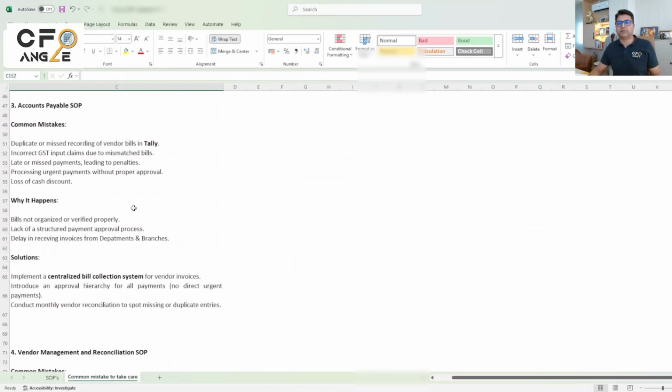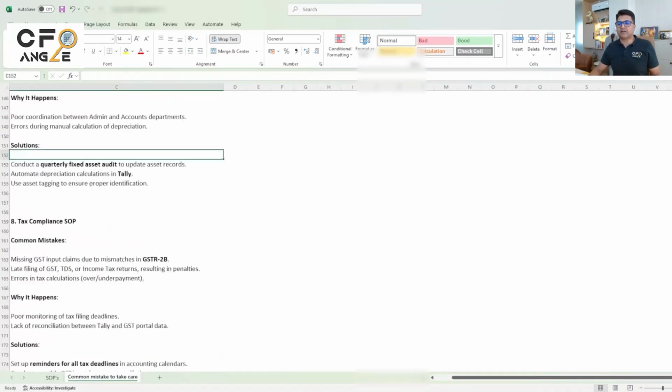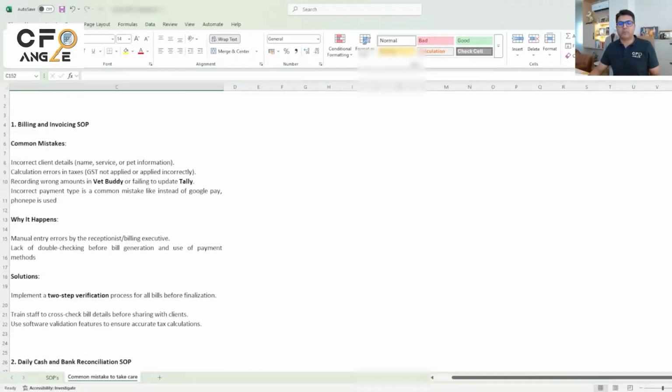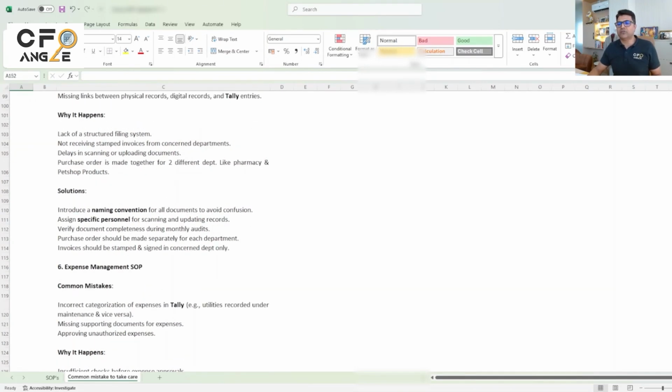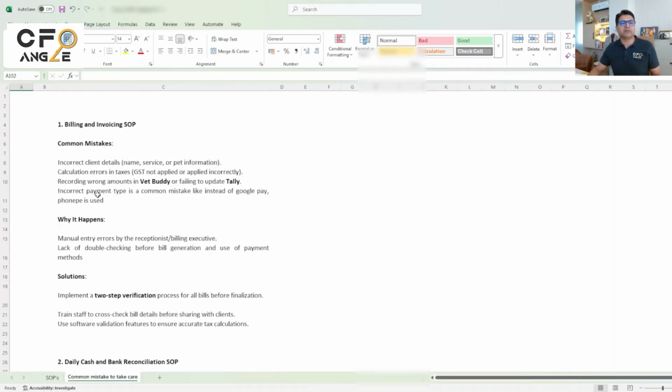While developing these SOPs for this customer, we also highlighted some common mistakes people make. These are important because you need to know how mistakes are made by the customer's team members and what we should clearly articulate. Common mistakes: incorrect client details, name, service or pet information; calculation errors in taxes, GST not applied or applied incorrectly; recording wrong amounts in VetBuddy or failing to update in Tally; incorrect payment types, like using Phone Pay instead of Google Pay.